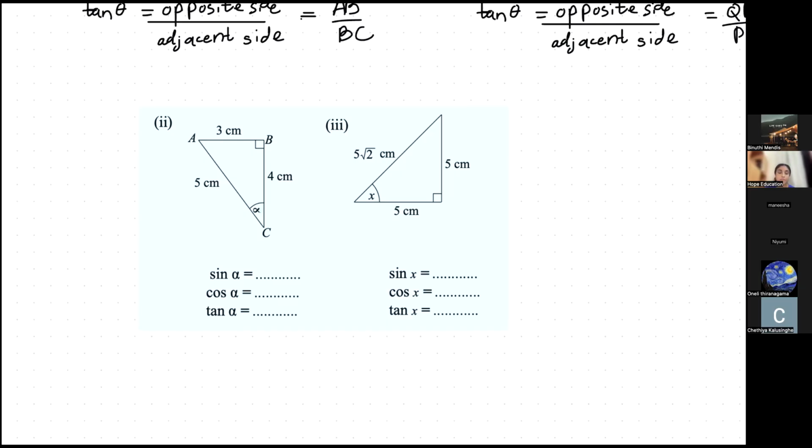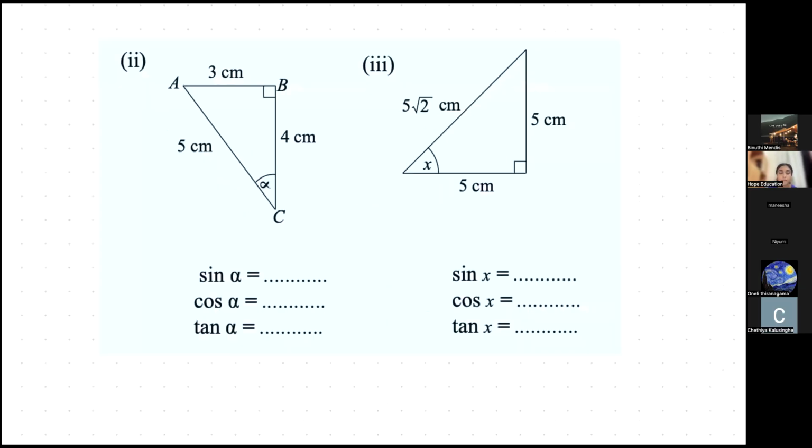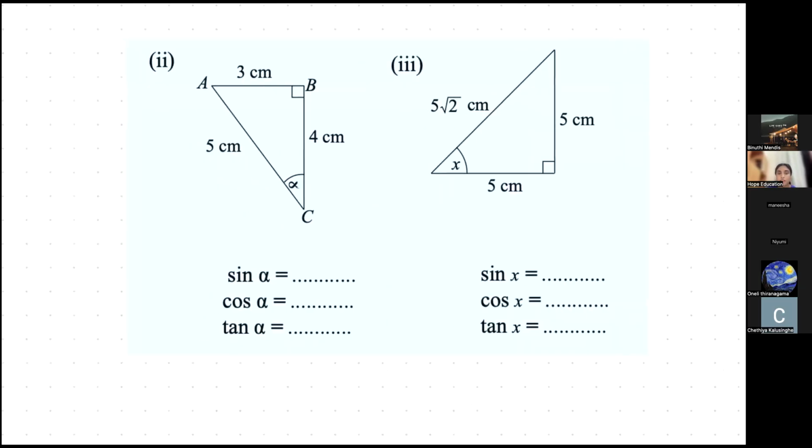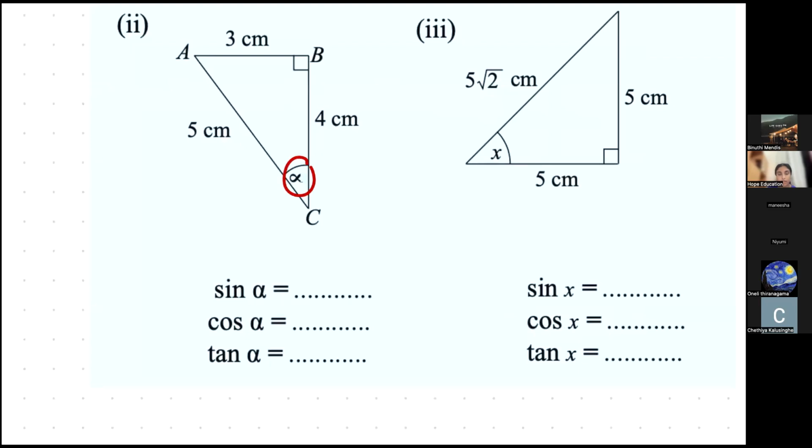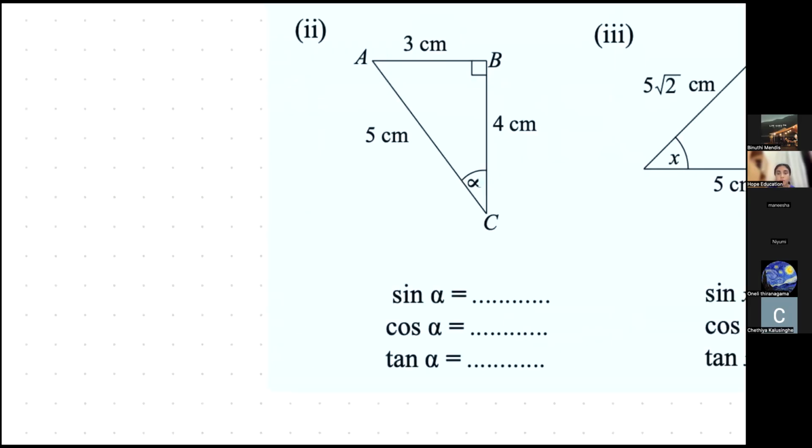All right. Let's do Roman number 2. Sine alpha. Alpha is labeled as an angle, right? Sine means always opposite side over hypotenuse. You can remember it like this: sine is opposite side over hypotenuse, cos is adjacent side over hypotenuse, tan is opposite side over adjacent side.